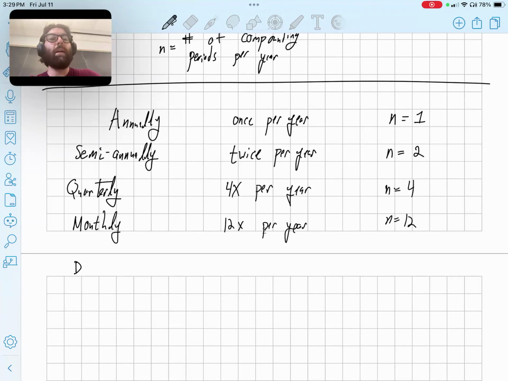Or we could compound daily, which is 365 times per year, once each day. And that's N equals 365. And again, we're going to be using 365 for a year. We're not going to worry about leap years or things like that. There are other compounding periods that are possible, but these are the main ones that we'll be using.